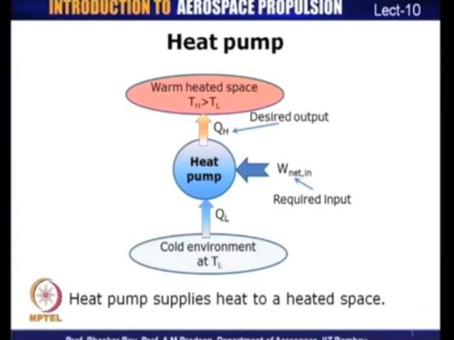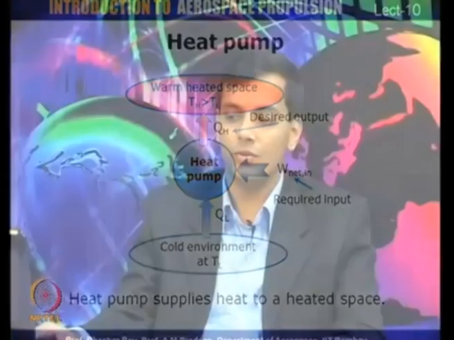So, here we see that the desired output is QH, whereas in the case of a refrigerator it was QL. For a heat pump, the desired output is QH, and the work input remains the same, that is the required input. So, a heat pump supplies heat to a heated space. They only differ in their desired outputs. In a refrigerator, it is QL; in a heat pump, it is QH.